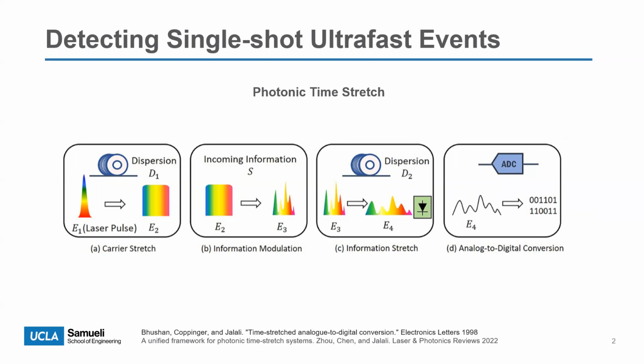With dispersion, the waveform can be wide, very wide, so basically a stretched version of the spectrum. Now, if we have the information encoded onto the spectrum beforehand, it can also be slowed down during the process.